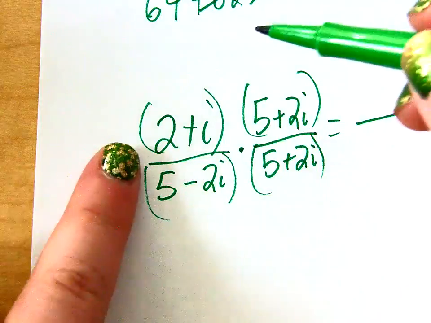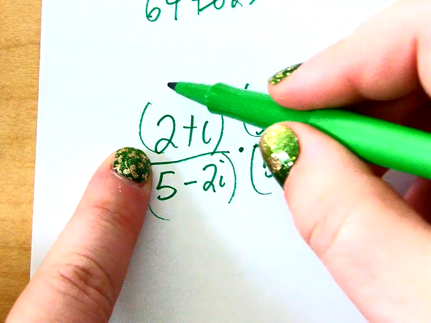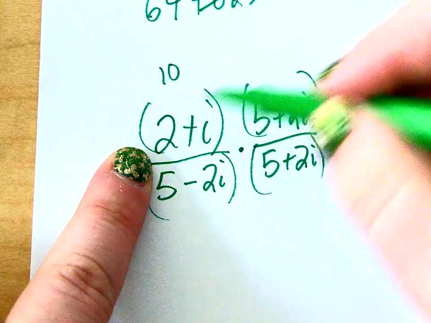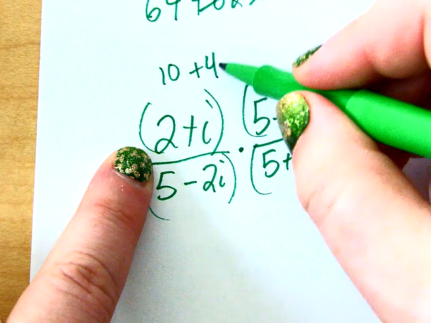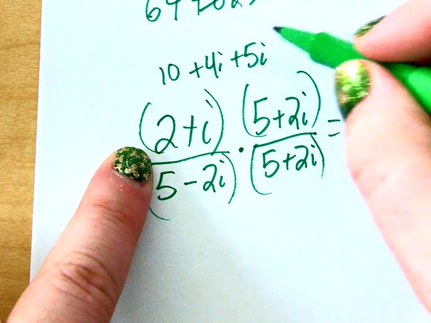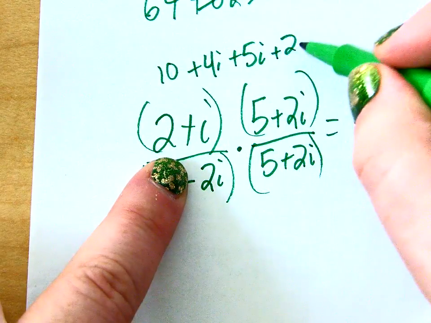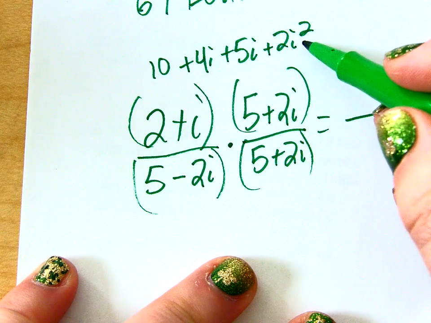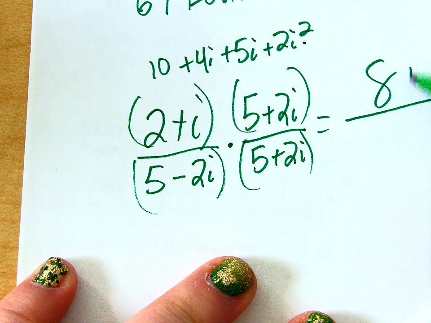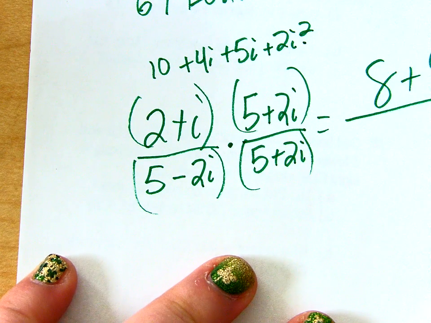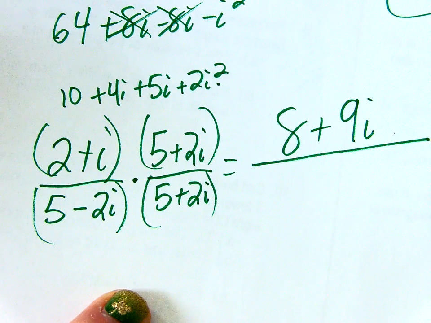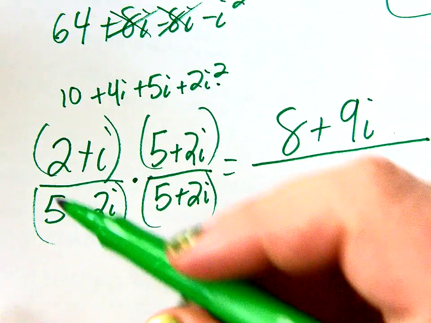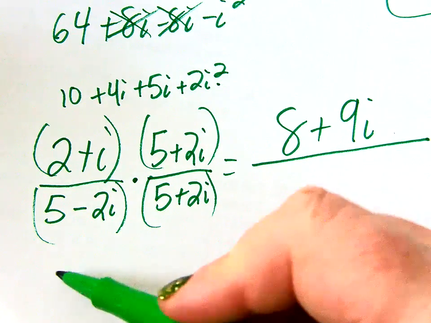So take a moment and FOIL your numerators together, and see if we agree. And then go ahead and do your denominators.